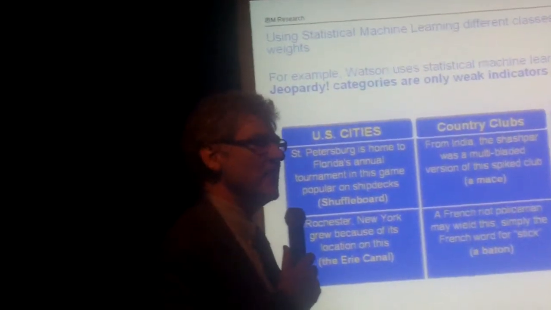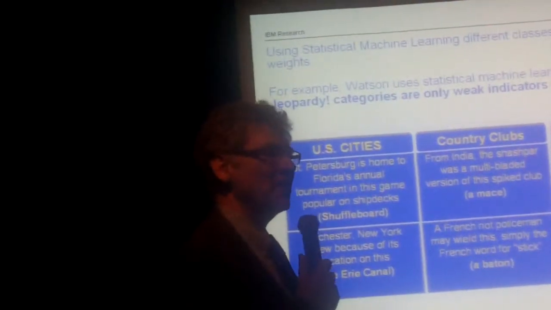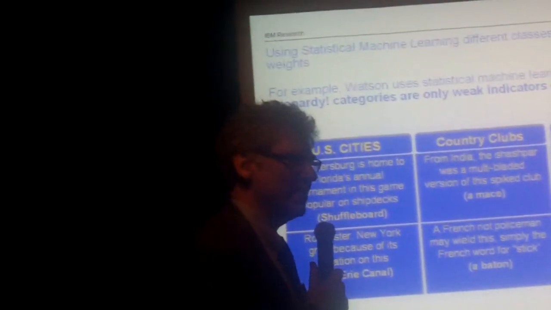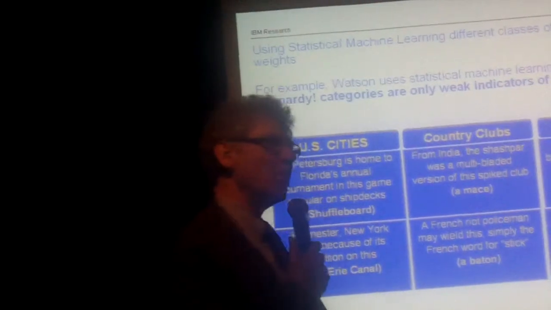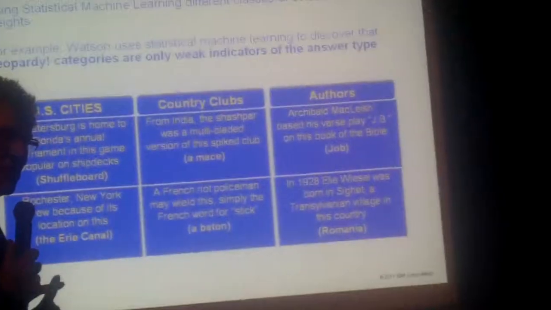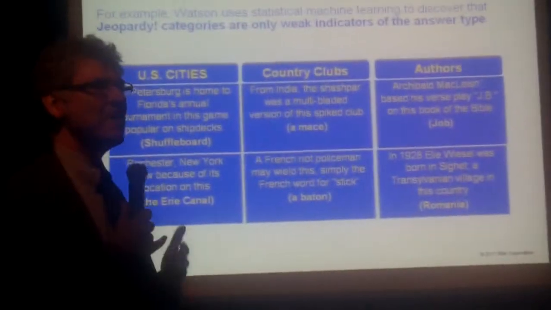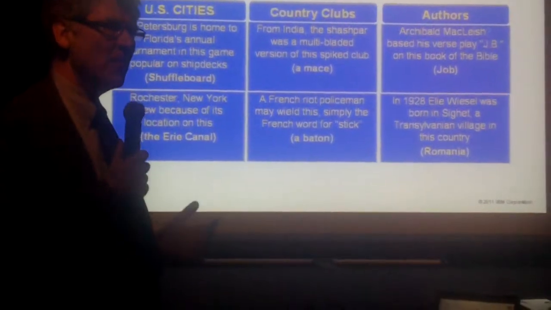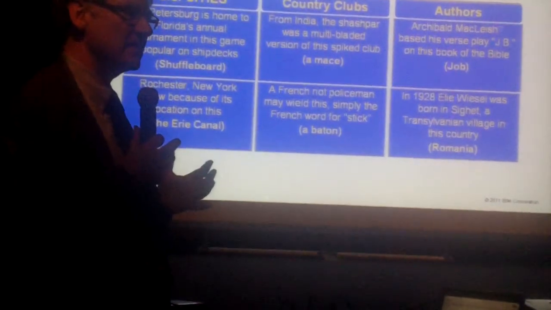So it didn't put too much weight into whether Toronto was or was not a US city. It so happens that there was some evidence for Toronto, because there are Torontos in the US. The Toronto Blue Jays play for the American League. Toronto is known as an American-style city, and so on. So there was a small amount of evidence.